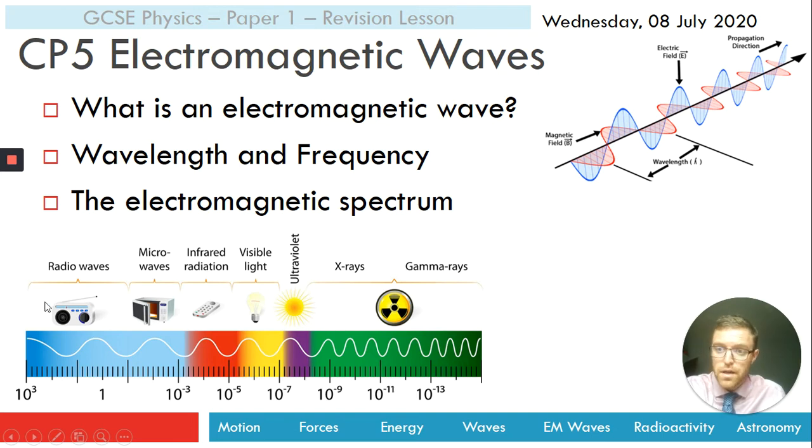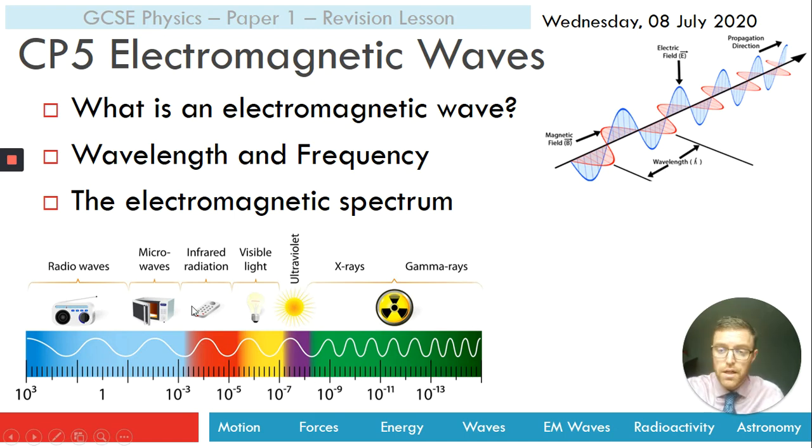So wavelength decreases from radio to gamma. They're also ordered by frequency. Frequency increases from radio waves to gamma rays. So radio waves have the lowest frequency of any of the waves, and gamma rays have the highest frequency.